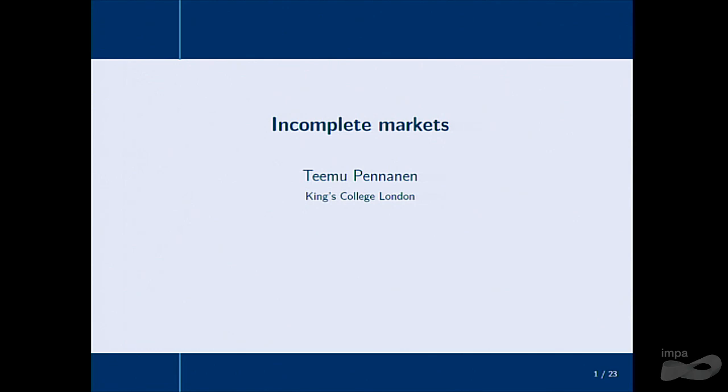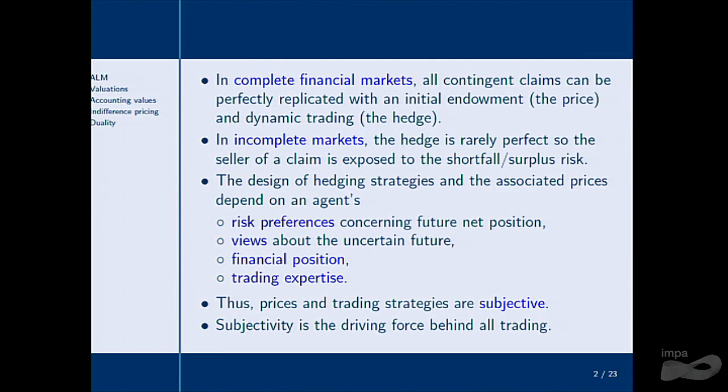An incomplete market is a market which is not complete. And a market which is complete is something like the Black-Scholes model, something where you can replicate all the financial contingent claims that you might be interested in by trading in the liquidly traded assets in the financial markets.